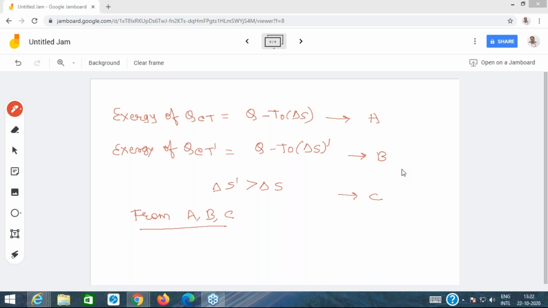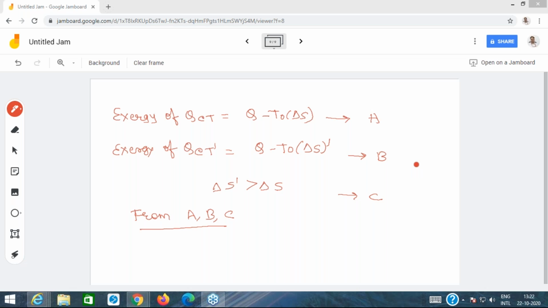Sharvari and Neha have got it right. Anybody else? What has happened? Right, correct. Exergy would decrease.